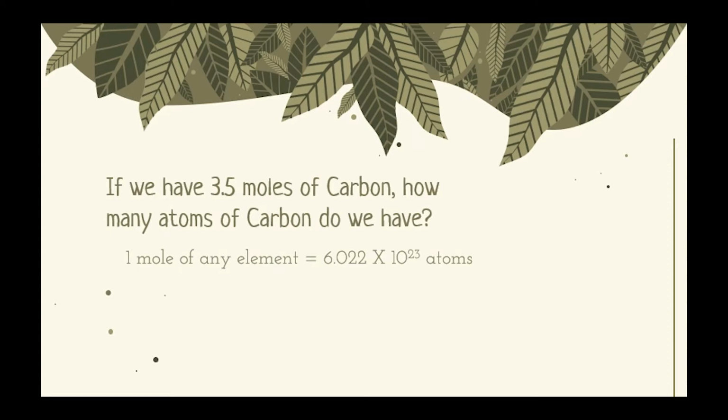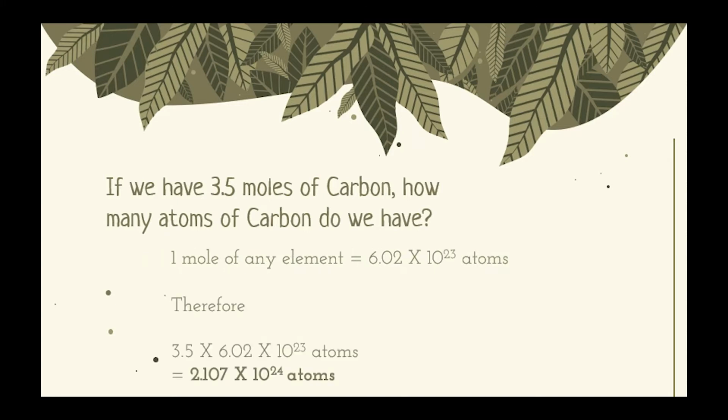So what would we need to do to those two numbers? Since we know that 1 mole of any element is 6.02 times 10 to the 23rd atoms, we'd multiply that by 3.5 to give a total answer of 2.107 times 10 to the 24th atoms.